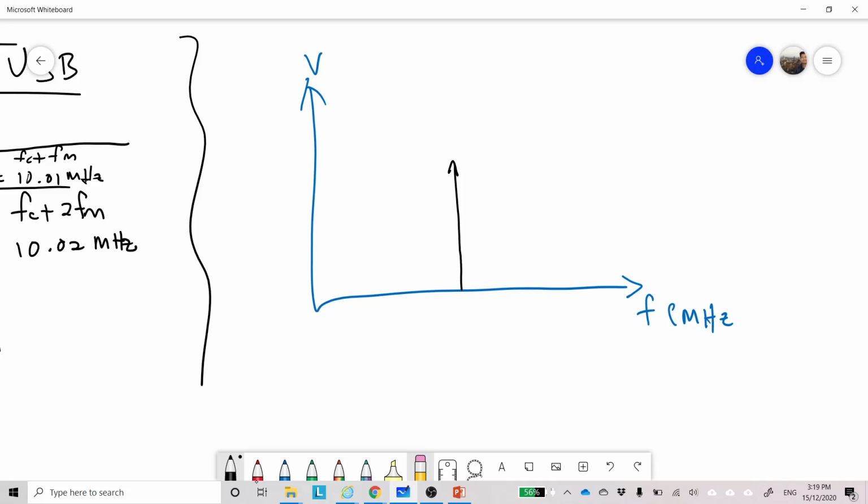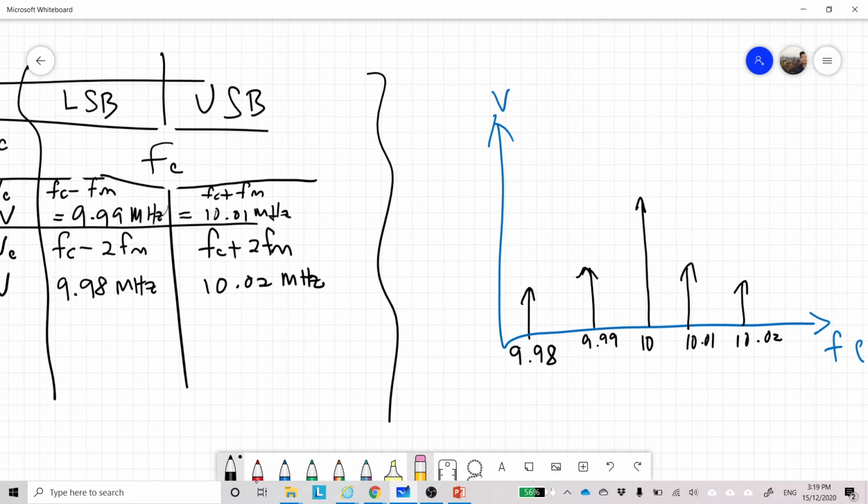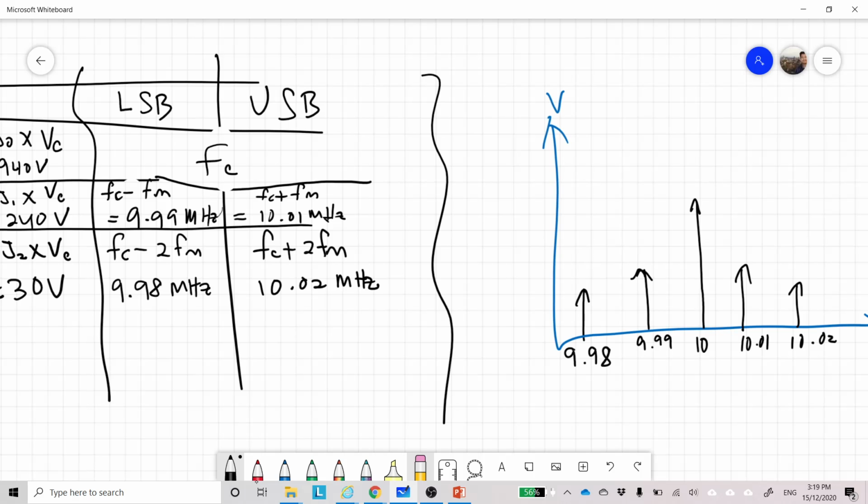And then here is 10 mega, 10.01, 10.02, this one is 9.99, this one is 9.98 megahertz.